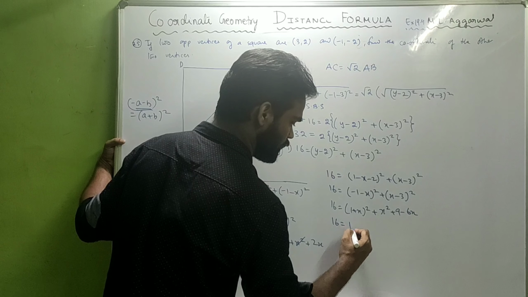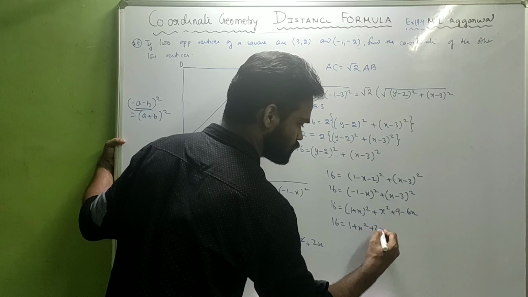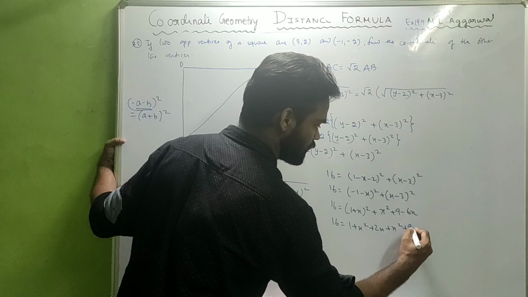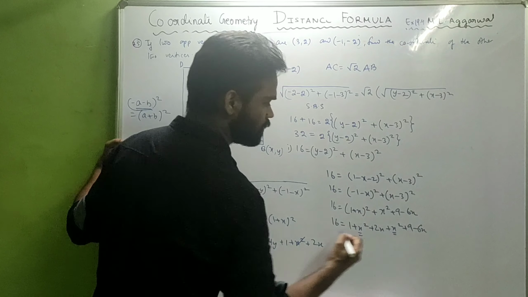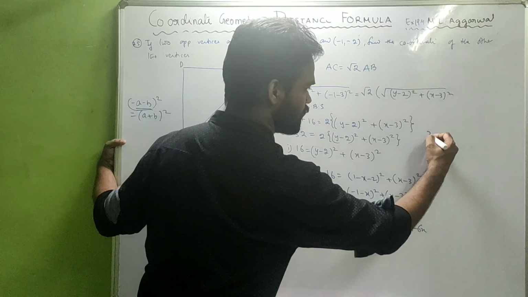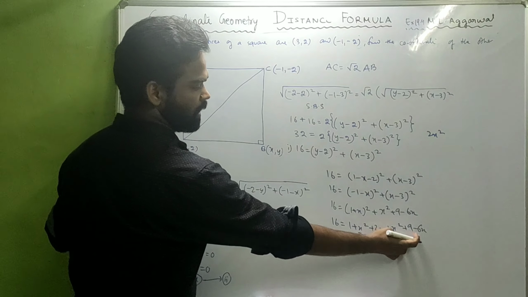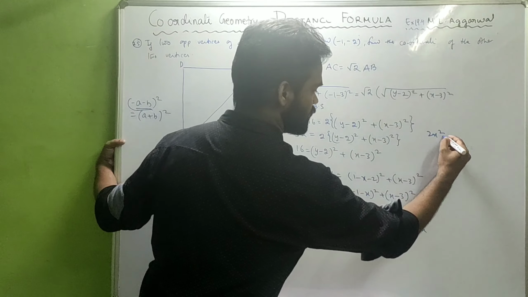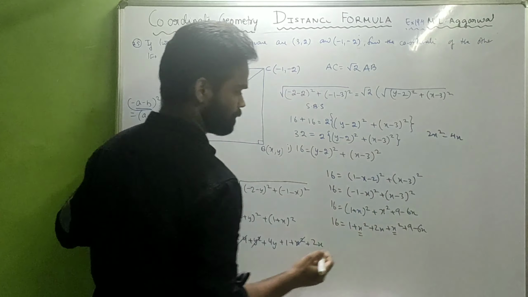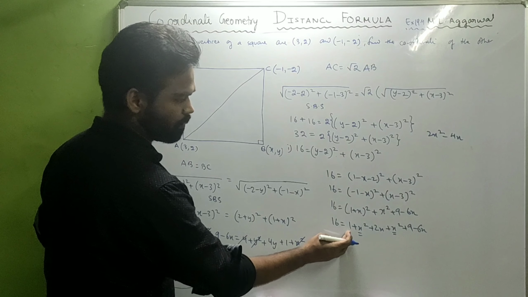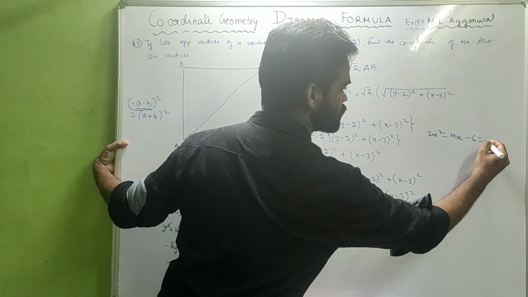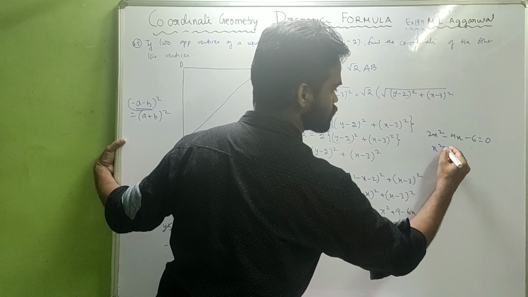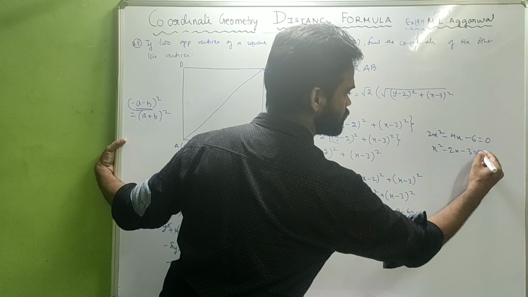So 16 equals 1 plus x square plus 2x plus x square plus 9 minus 6x, isn't it? Now x square plus x square is 2x square, minus 6x plus 2x, and 9 plus 1, 10, 10 minus 16, that's minus 6 equals 0. Take 2 common, so x square minus 2x minus 3 equals 0.